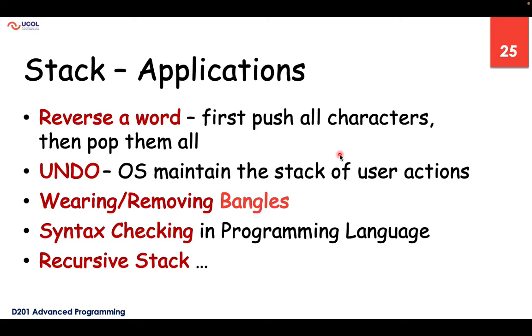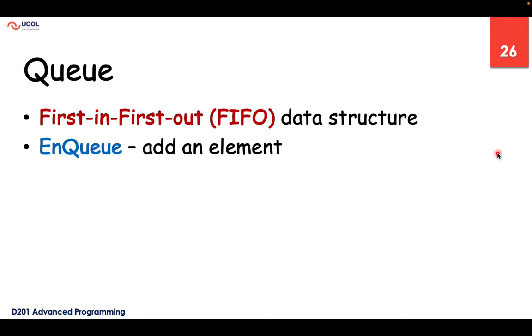It will automatically reverse that word. The undo list, which is normally maintained in different programs, is also a kind of stack. Syntax checking in programming languages, they all use stacks. So these are some examples where we can use stacks in real-life scenarios.